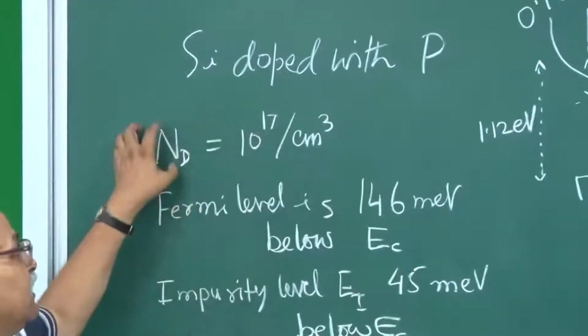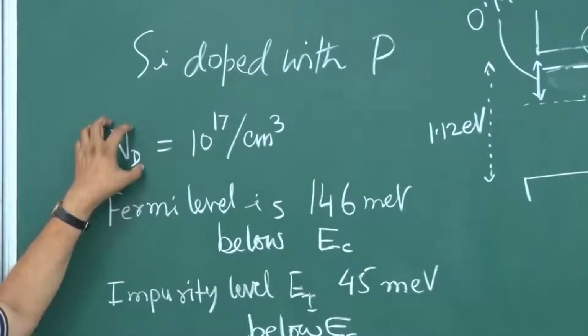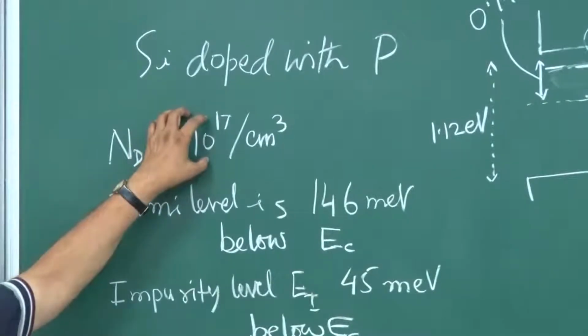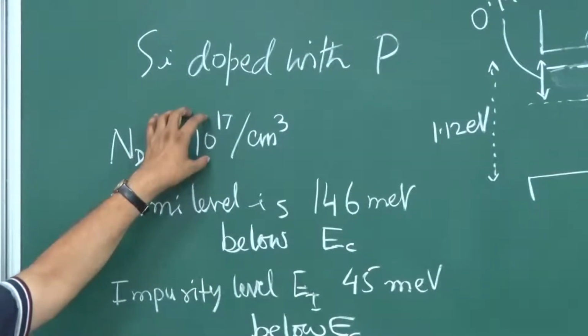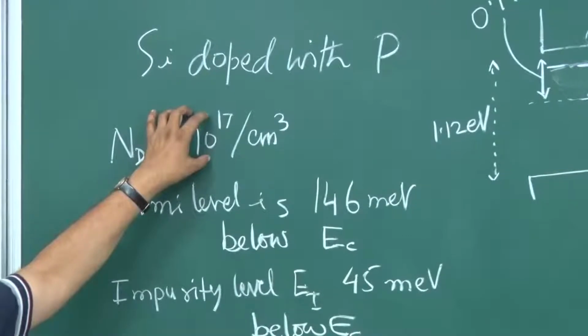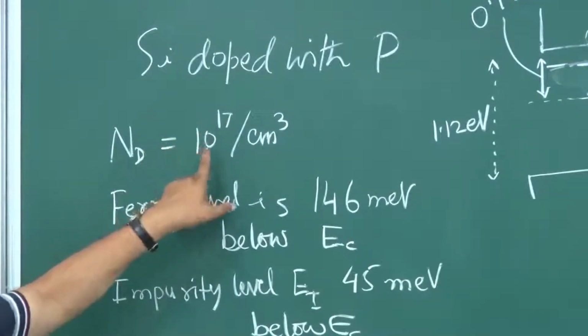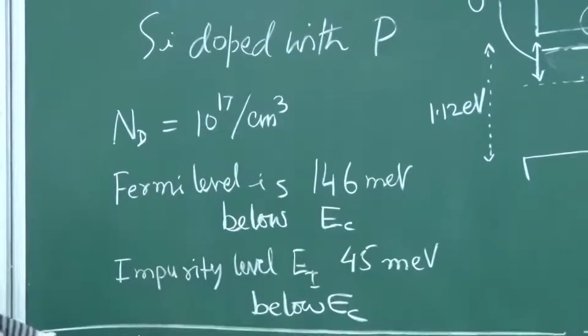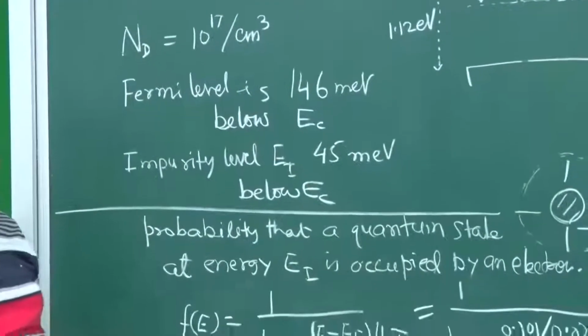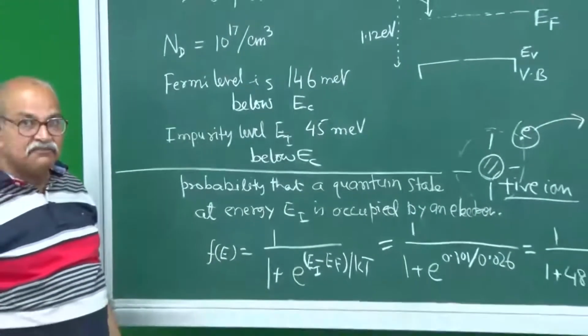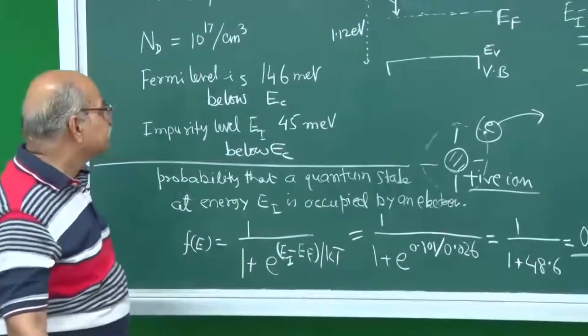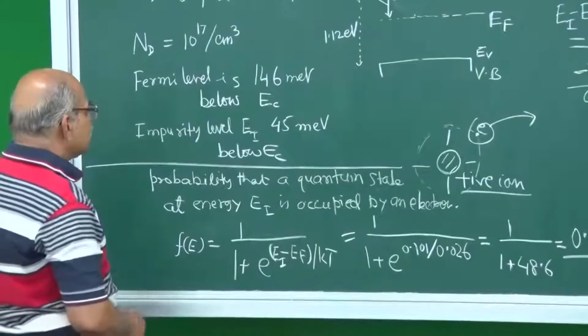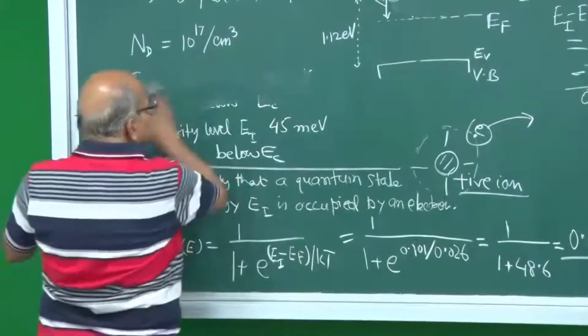You have these many donor ions, but an electron with spin up is a different quantum state, and an electron with spin down is a different quantum state. So the total number of quantum states is 2 into 10 power 17 per centimeter cube, and then you have the probability of each quantum state being filled. So multiply that: how many quantum states are occupied?